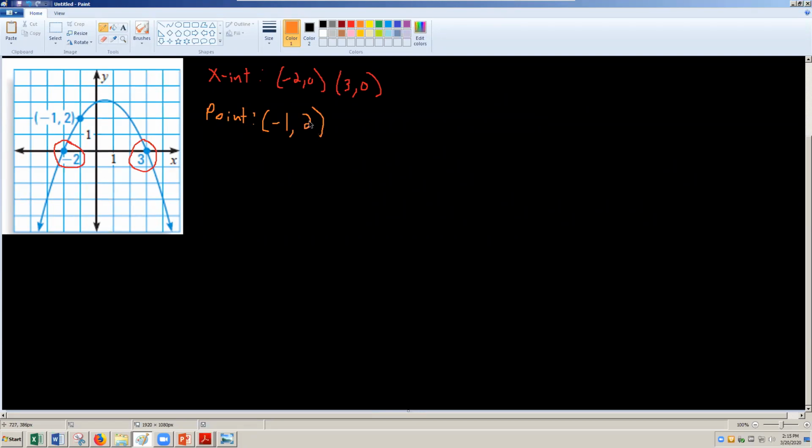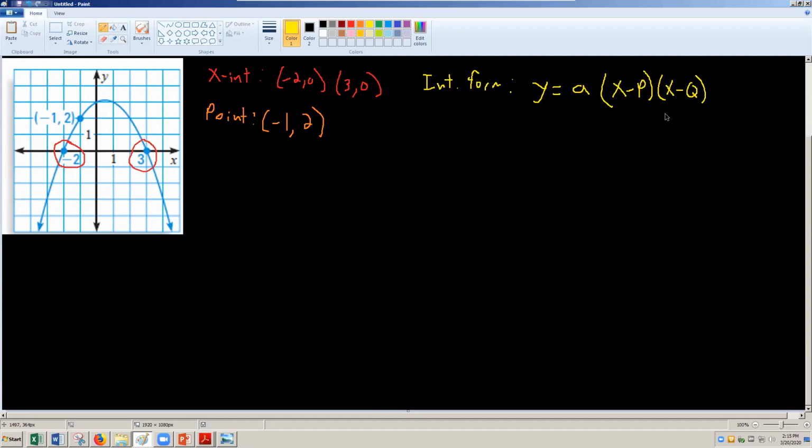So now as I'm looking at this problem here, I do have an intercept form. So intercept form looks something like this. Where I've got my y value is equal to a, and then we have x minus p, and we have x minus q.